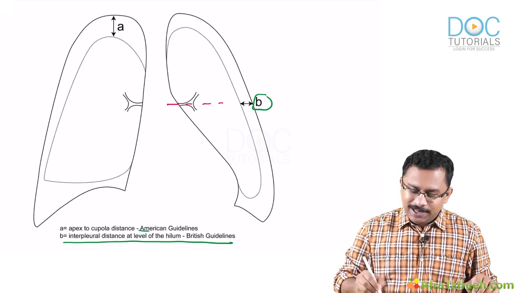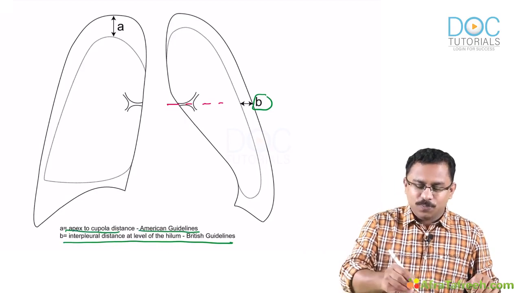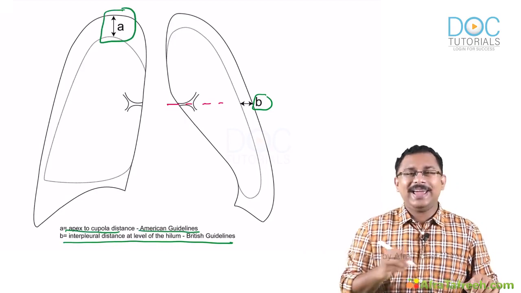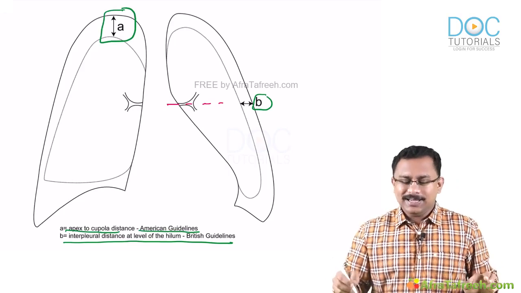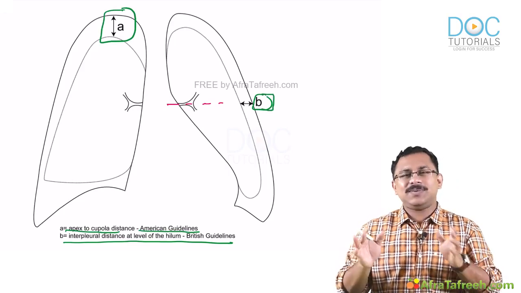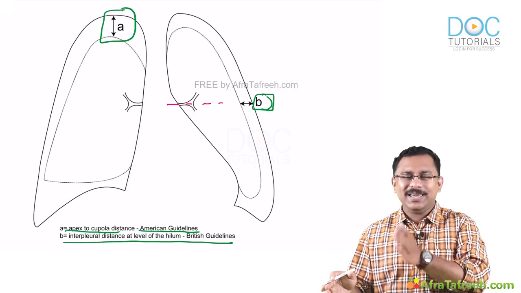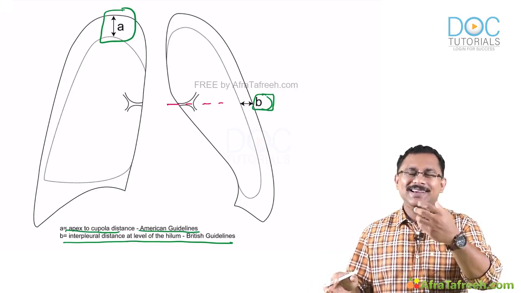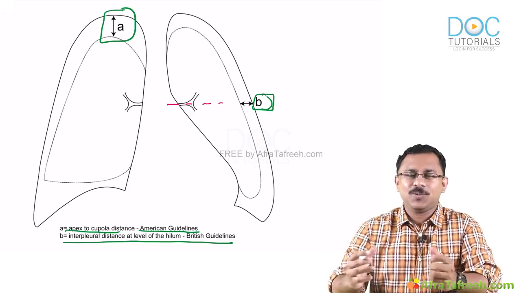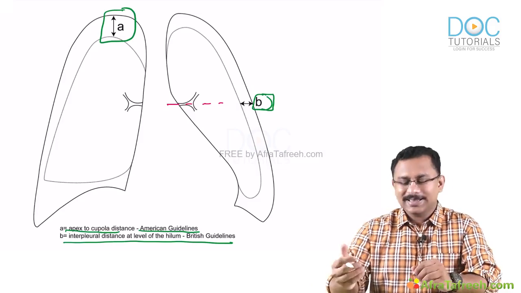You also have American guidelines where the apex to cupola distance, that is your A, is taken as the size. But currently for practical purposes, we are more relying on the BTS guidelines. So, B is the thickness or the size of the pneumothorax that has developed.